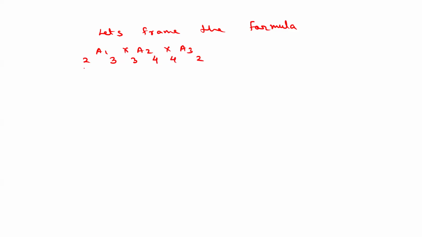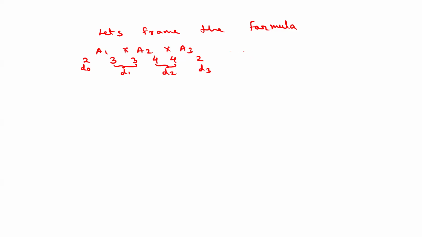Okay. So suppose this is the D0 dimension. These two are D1, these two common D2, and this is D3. Okay. So 4 dimensions, 3 matrices. Now we find the multiplication.